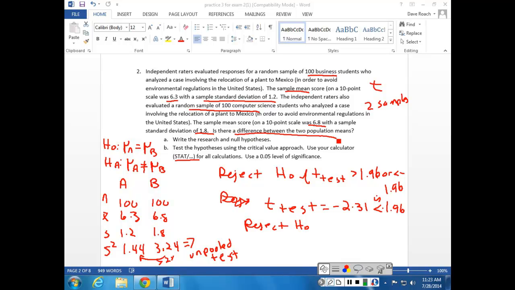We should put this back into the words of the problem, that it looks like there's a difference between business and computer science students.